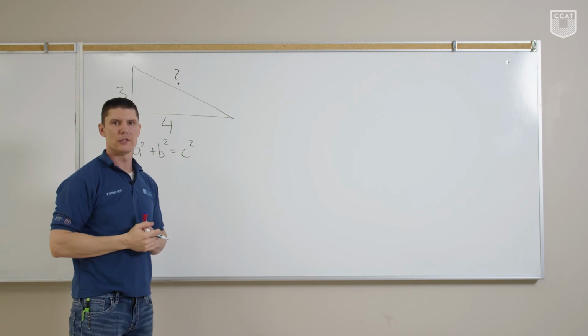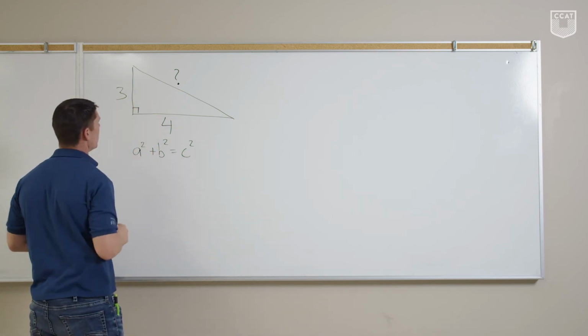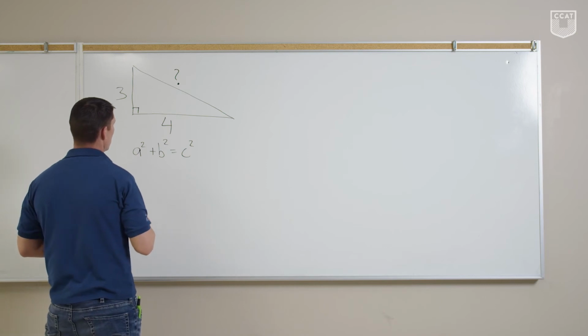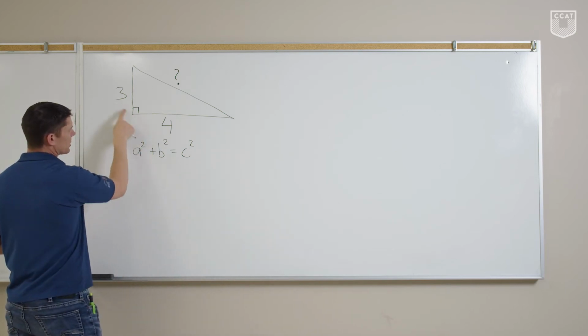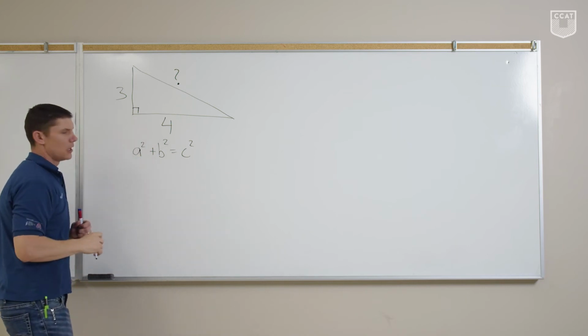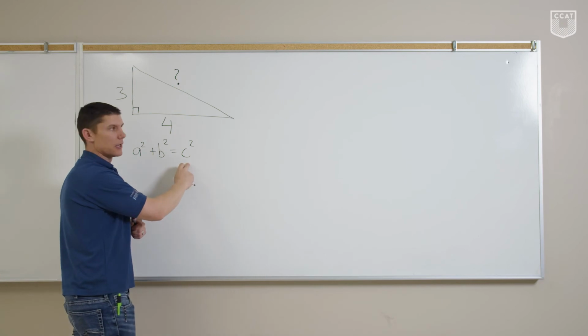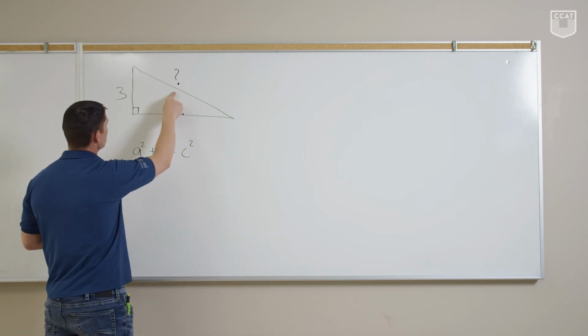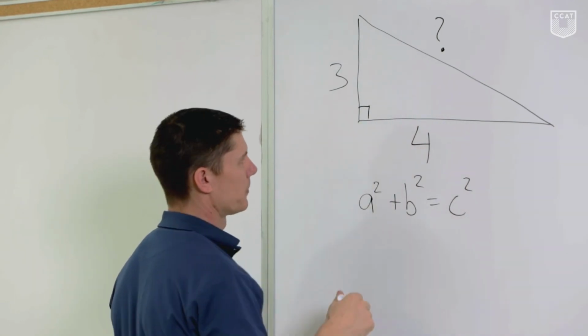We would use this when we're laying out foundations on a 90-degree angle wall. Now these two numbers can be interchangeable between A and B, but C always has to be the longest side. C is always your hypotenuse, and it's always going to be directly across from your 90-degree angle.